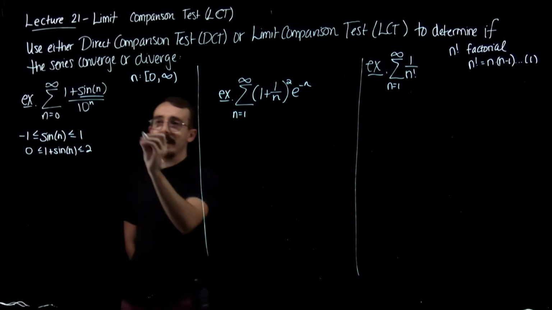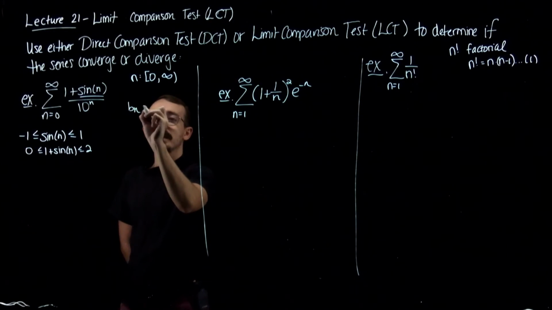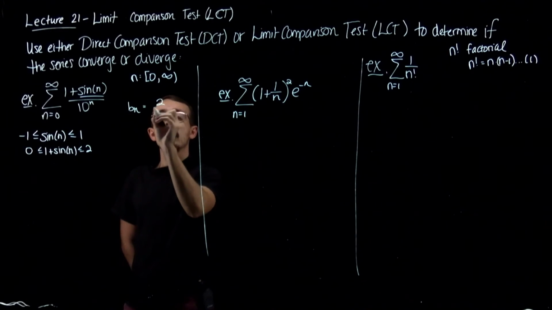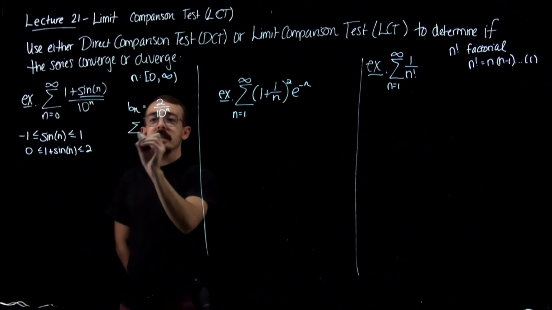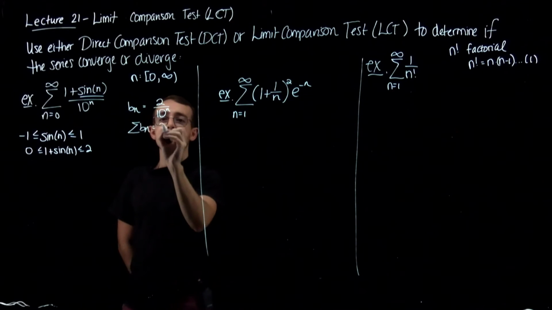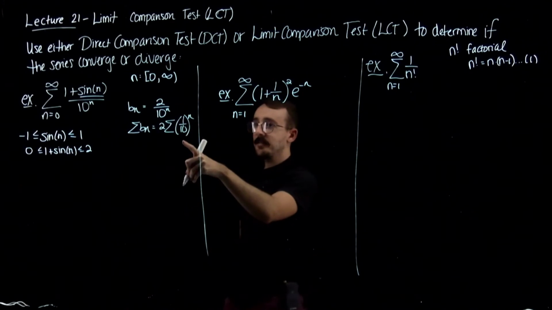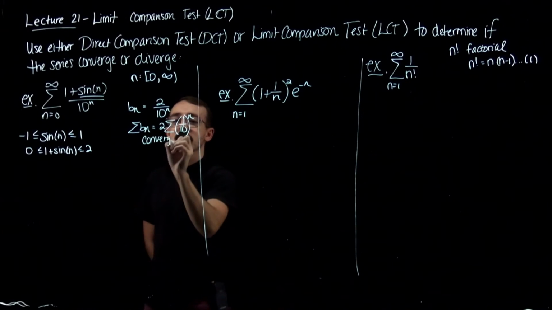So here's what I'm going to try. I'm going to say b sub n is equal to 2 over 10 to the n. And we know this series b sub n, which is equal to 2 times the summation of 1 over 10 to the n, is a convergent geometric series.